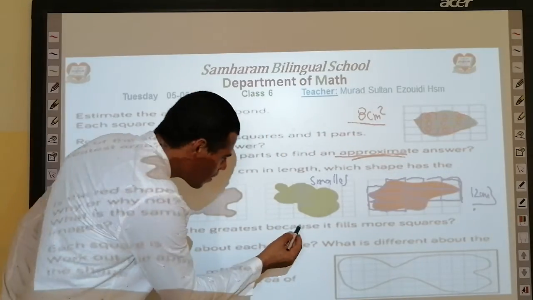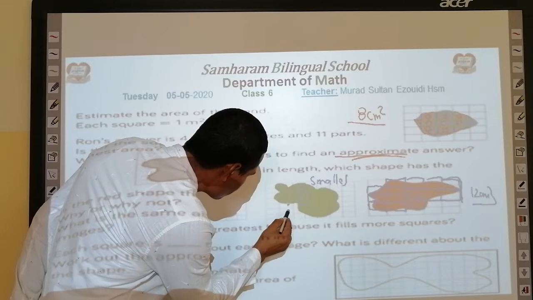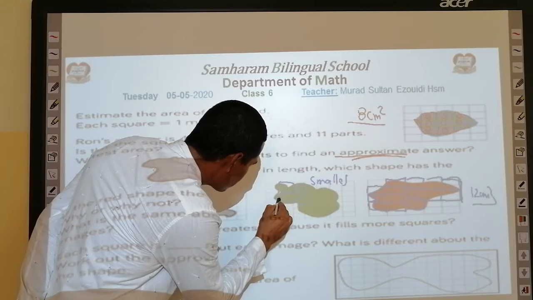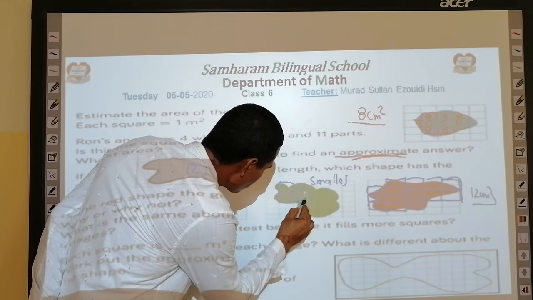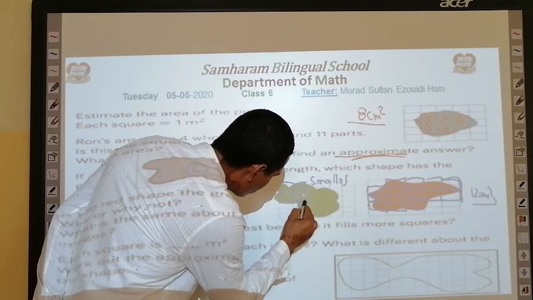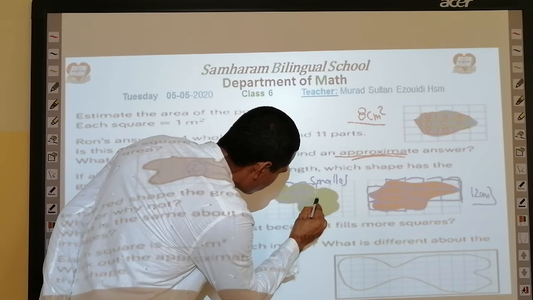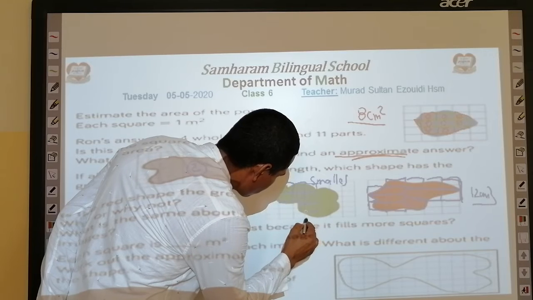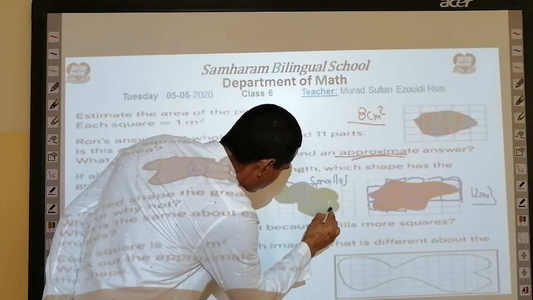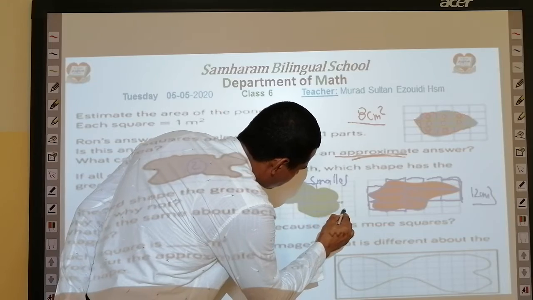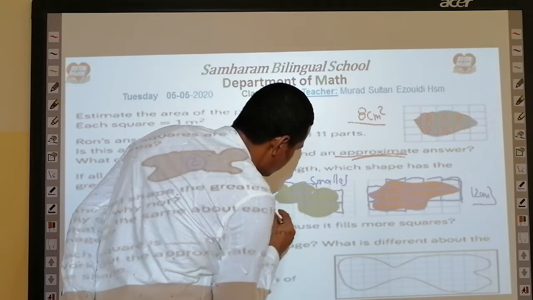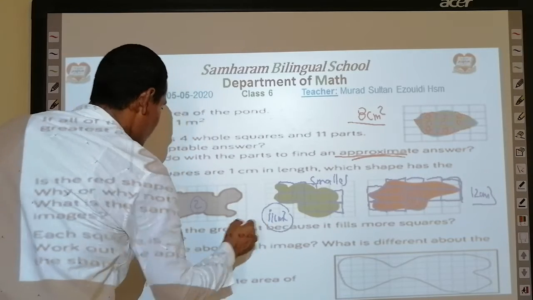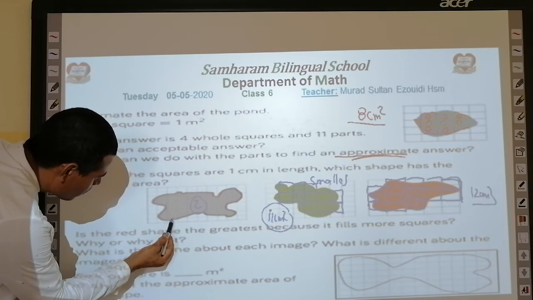Then the next one, okay, 1, 2, this is 3, 4, this I will consider 5, this is 6, this is 7, this is 8, this is 9, this is 10, this is 11, so this is 11 centimeters squared, approximately.